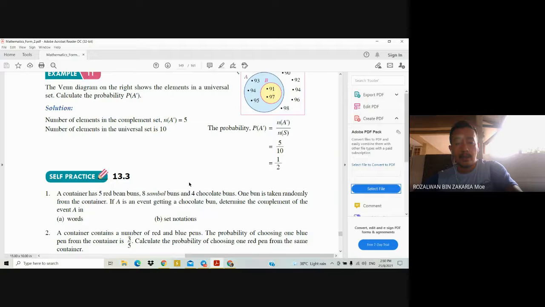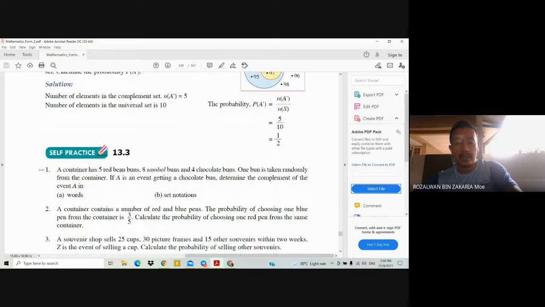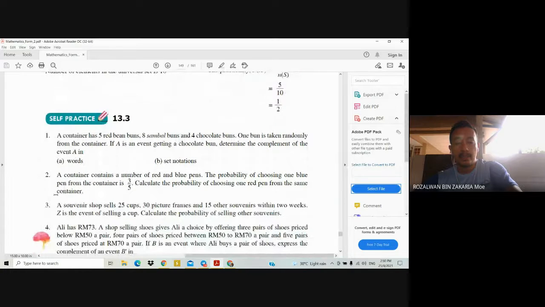Please answer question number 1, question number 2, and question number 3. There are 3 questions. You can do them in your math exercise book, whether maths 1, maths 2, or maths 3. You can choose any book that you want.